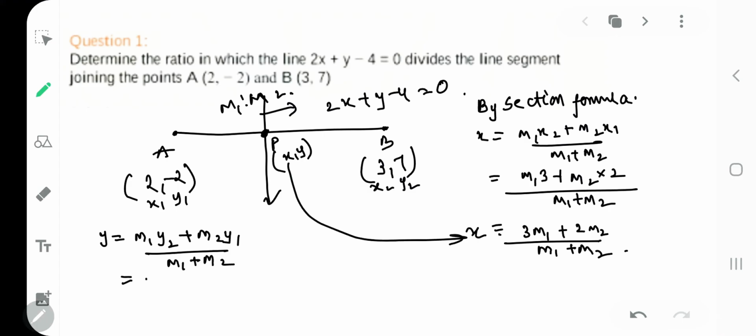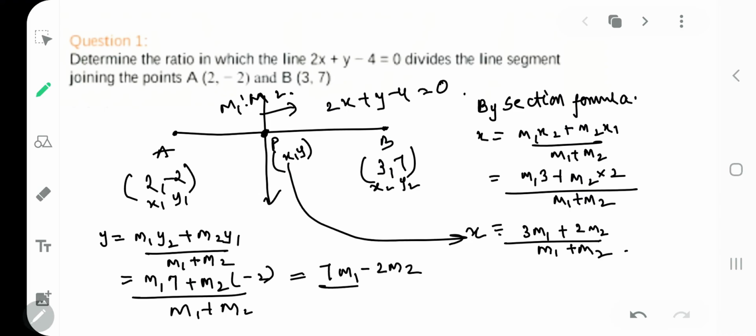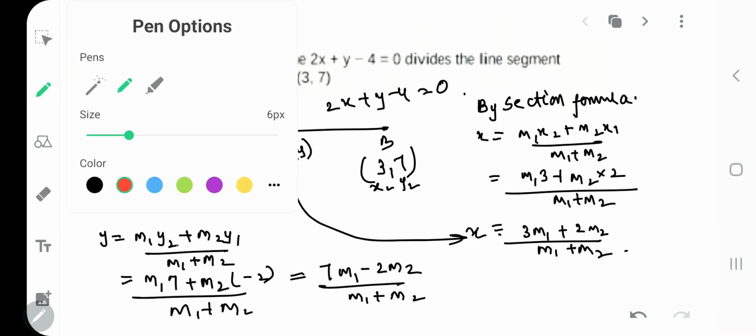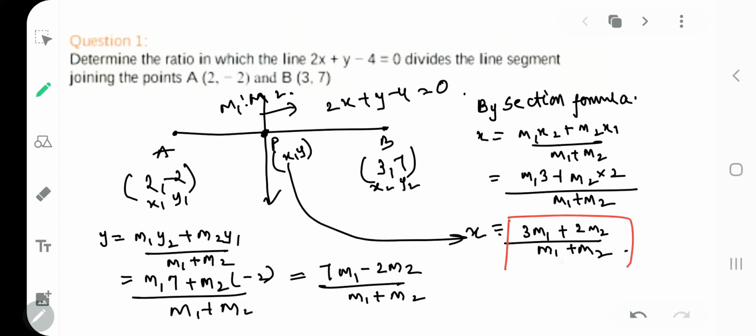Put in the values: y2 is 7 and y1 is -2, upon m1 + m2. From there you will get y as (7m1 - 2m2) upon (m1 + m2). Did you get the point that we got the values of x and y in expression form? It's okay.